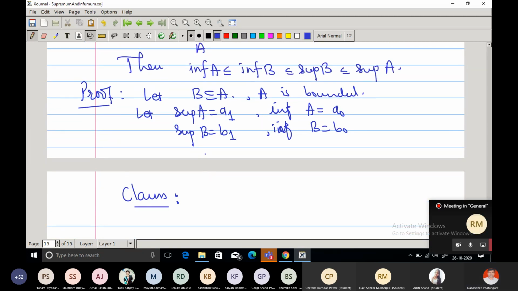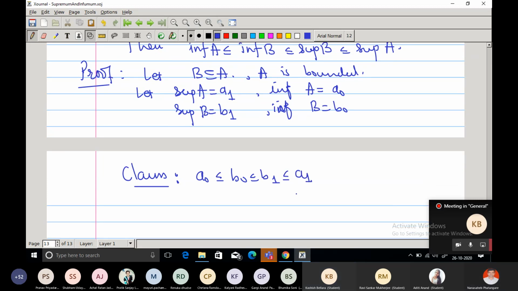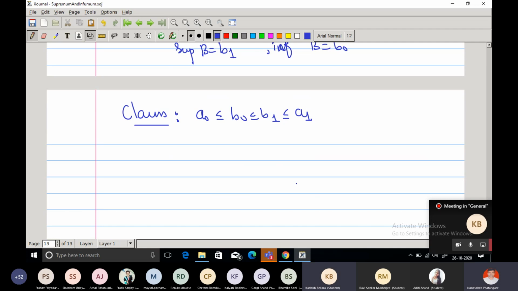Do you understand what our claim is? A0 ≤ B0 ≤ B1 ≤ A1. Right. Claim. Okay, so prove it one by one. You prove that A0 ≤ B0, then prove that B0 ≤ B1, then prove that B1 ≤ A1. Combine these, then we'll get this, right?